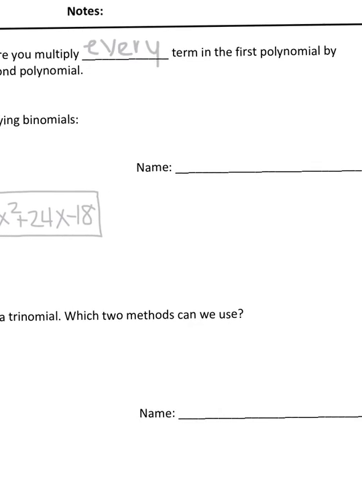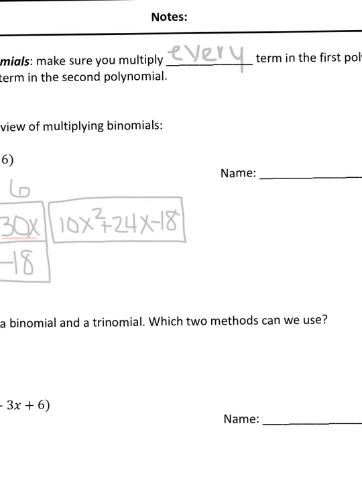And then we got to name it. So it's degree here, right? If we look at the degree, the highest degree is a 2. And there are 1, 2, 3 terms here, right? So the degree is a quadratic.